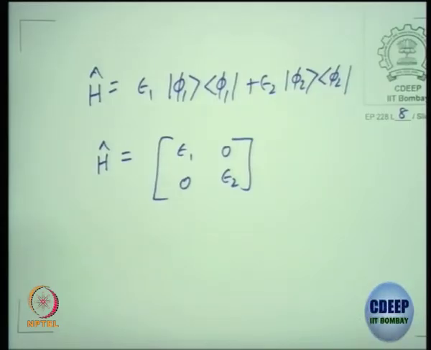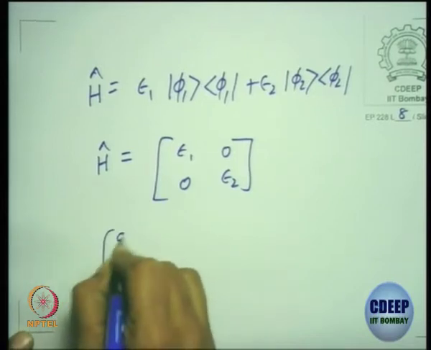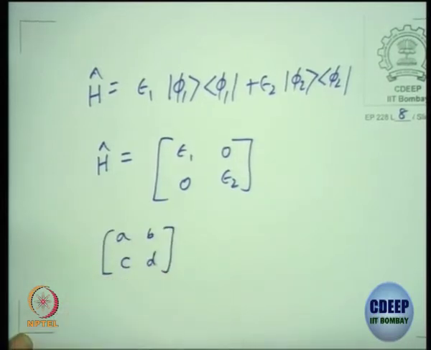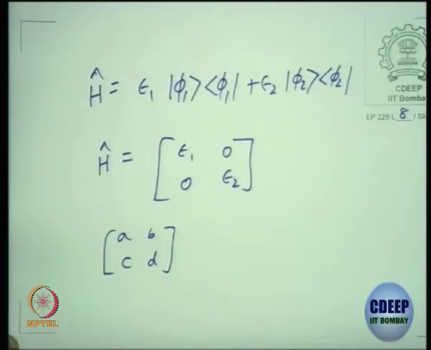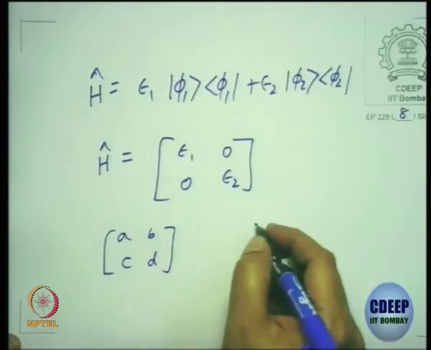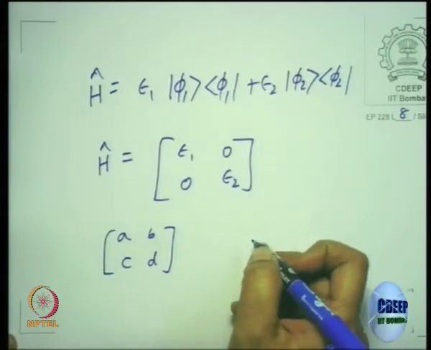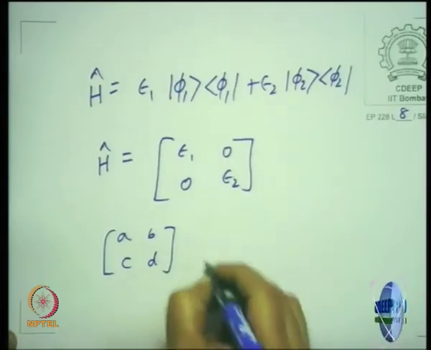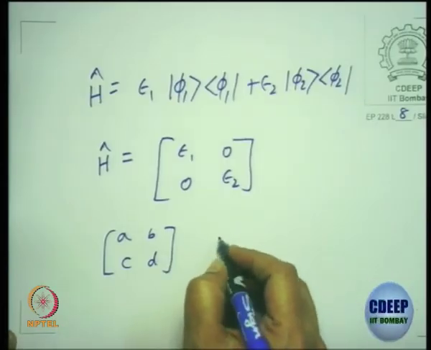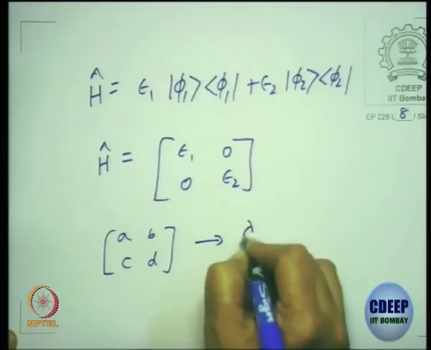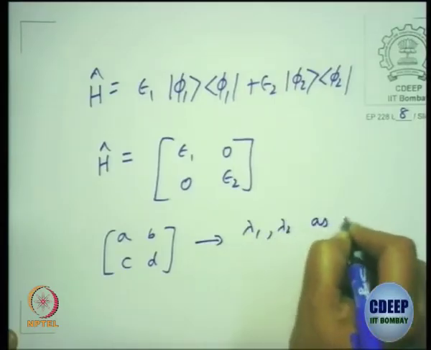Any 2 by 2 matrix, if I give you A, B, C, D, how do you find the eigenvalues? So, A minus lambda I, determinant of that equal to 0, you can find the eigenvalues from that. It will give you lambda 1 and lambda 2 as eigenvalues.